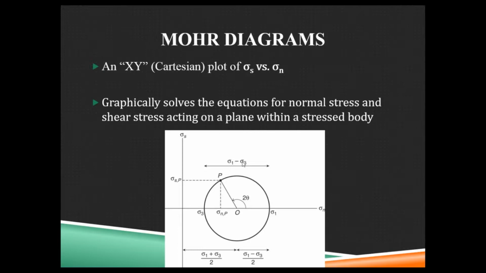If we know sigma 1 and sigma 3, the biggest primary stress and the smallest, that's what we need to be able to draw one of these. Now we can write along the normal axis, because remember, sigma 1, 2, and 3 are always normal stresses. So we can plot them right along it.